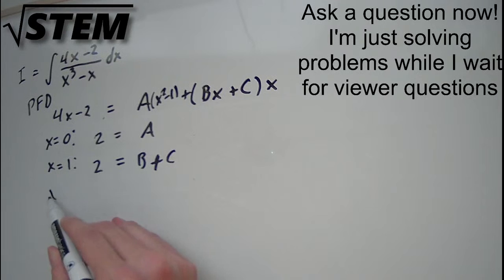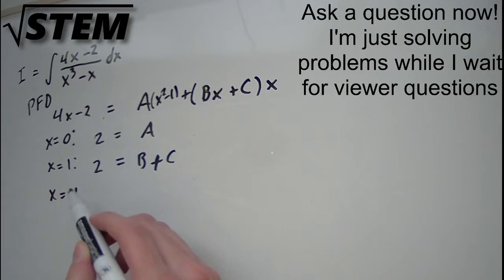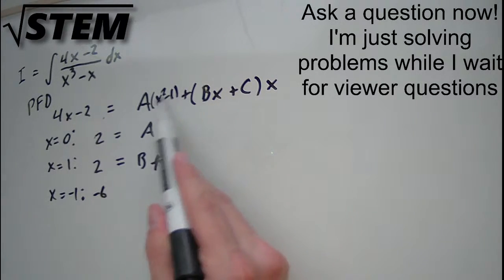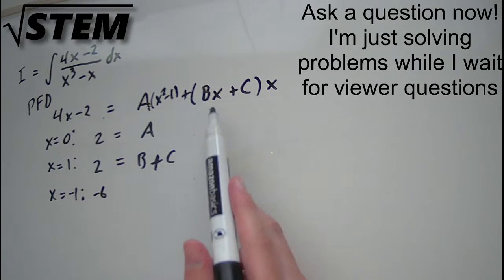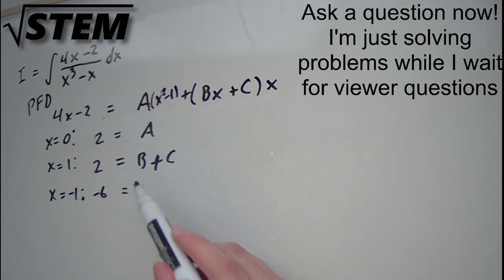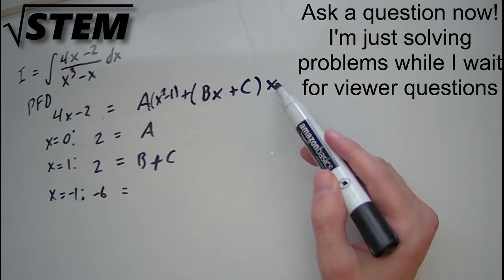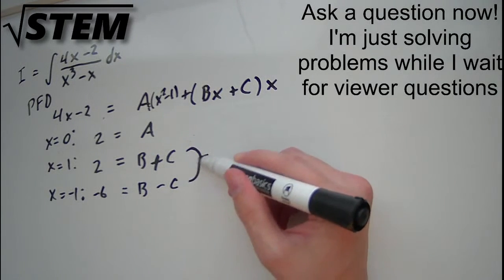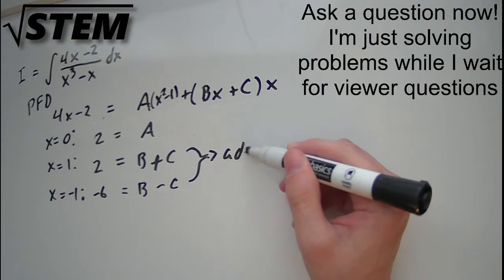And what else could we do? Negative 1. Another classic. Negative 4 minus 2 is negative 6. That again becomes 0. We get negative b times another negative is positive b, and then negative c. So let's add those two.